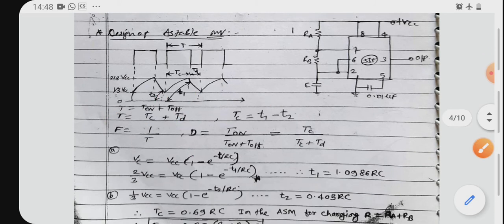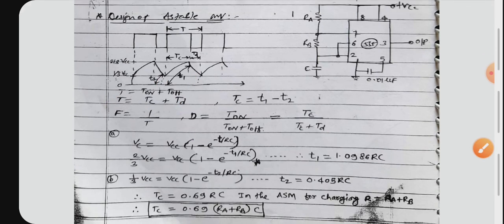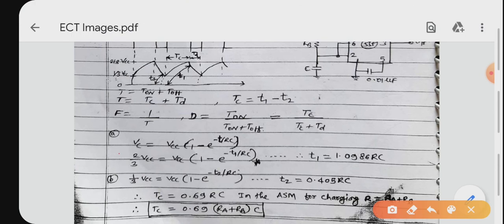Okay, so we will now calculate the frequency and time period of this multivibrator. We know the standard equation for capacitor voltage: Vc is equal to Vcc times (1 minus e raised to minus t by RC). Here Vc is the capacitor voltage.